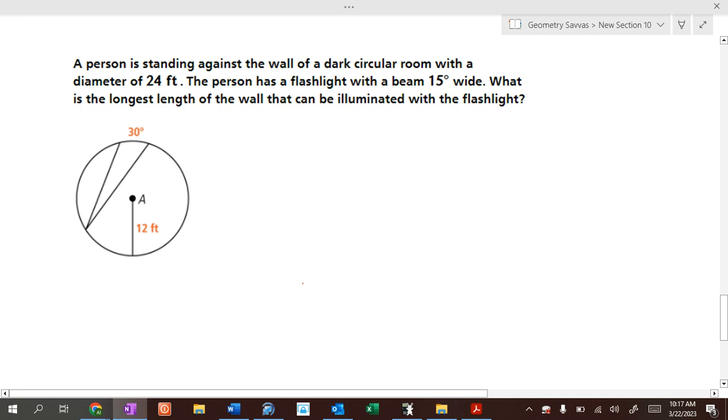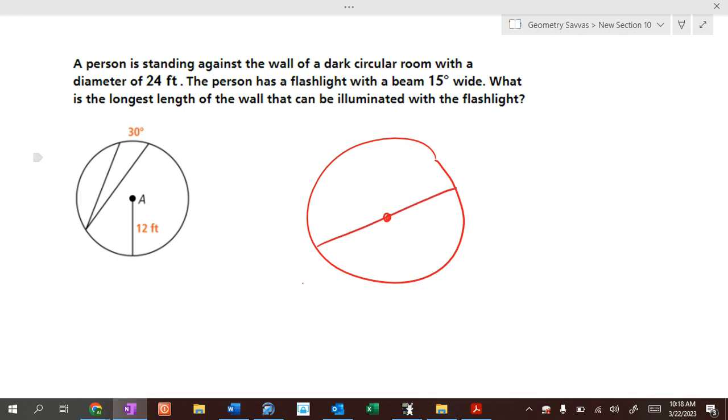The longest that they can illuminate is if they go all the way across the circle through the center. So if the beam is 15 degrees wide, that means the arc is 30 degrees, right? So if the diameter is 24, this radius is 12 and 12, right?